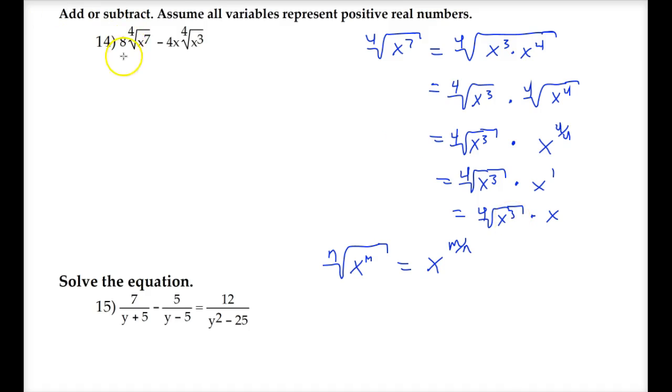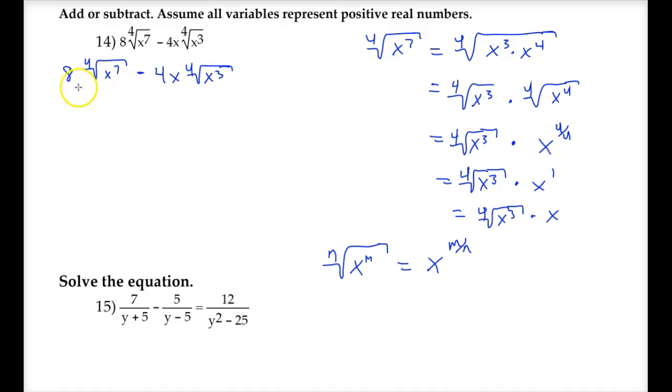So whenever we write out this part of the problem, we know that it will be 8 times all of this here, okay? So we're going to go ahead and do that now so you can see what that's going to look like. So we have 8 times fourth root of x raised to the 7th minus 4x fourth root of x cubed.